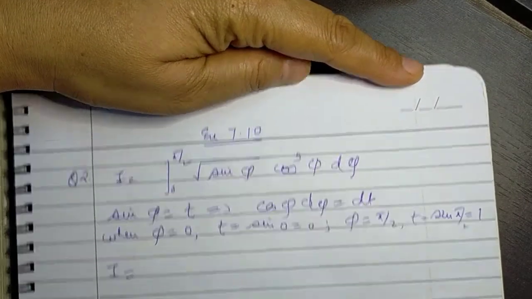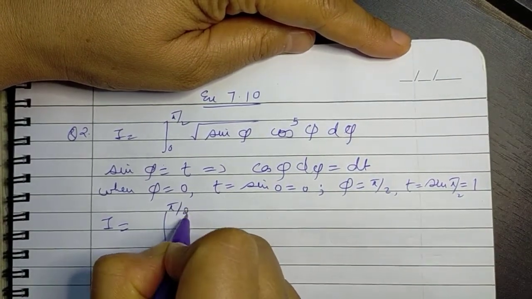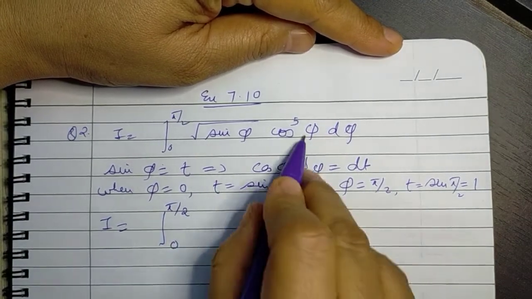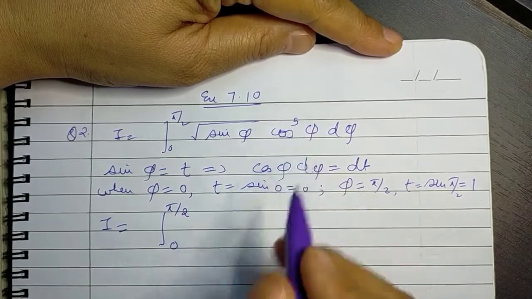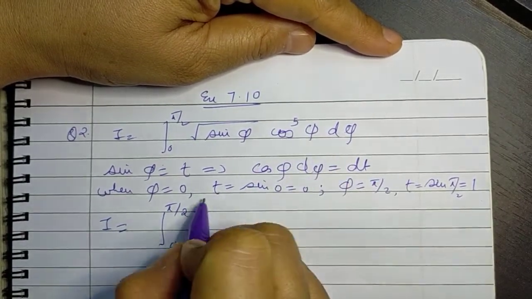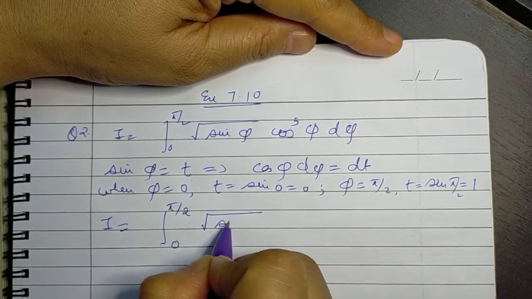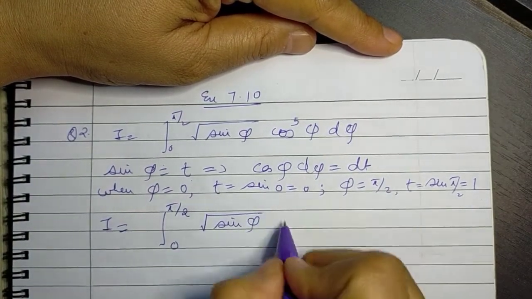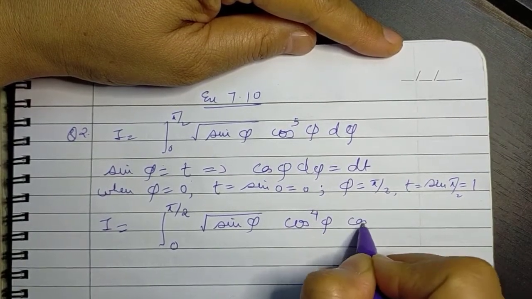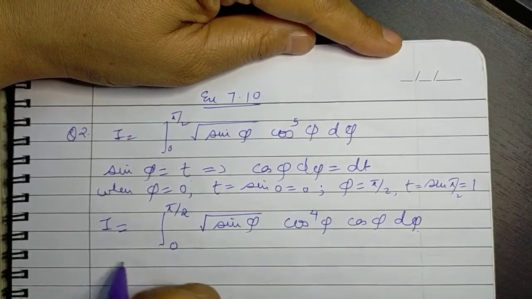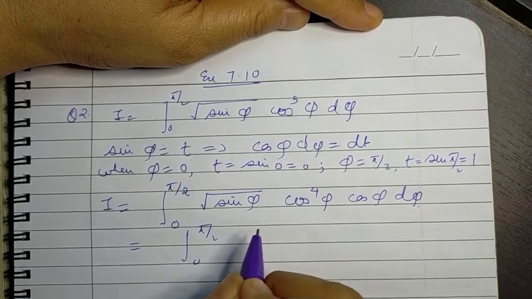Now let's write the function. I'm writing it originally in terms of phi only because I need to simplify this cos raised to power 5 into a form where we can substitute t. So we write it as square root of sine phi, and cos raised to power 4 phi into cos phi d phi, from 0 to pi by 2.